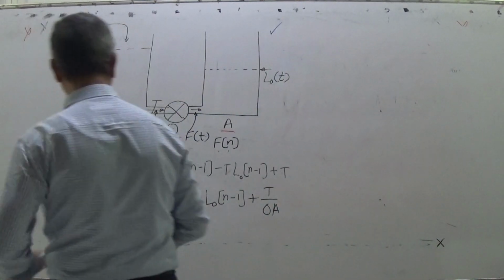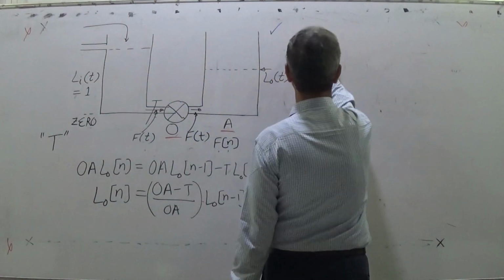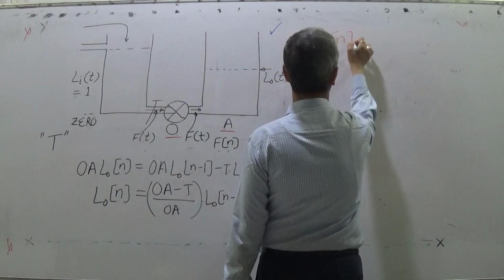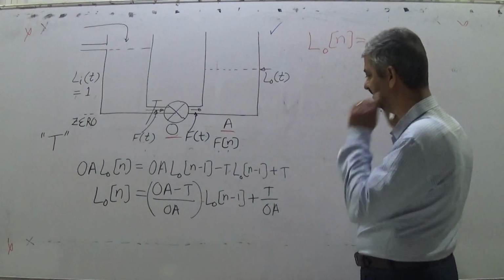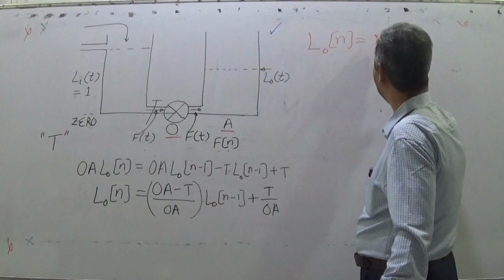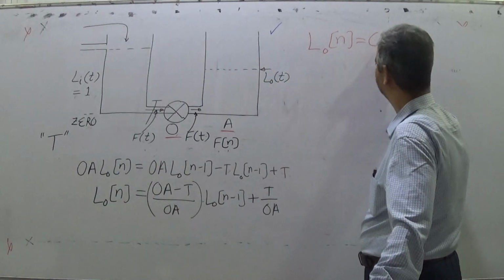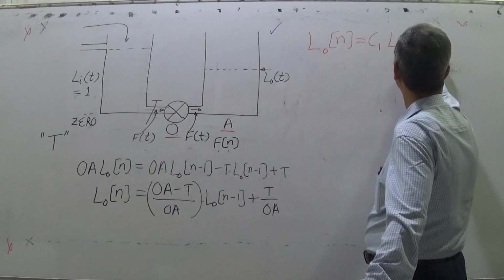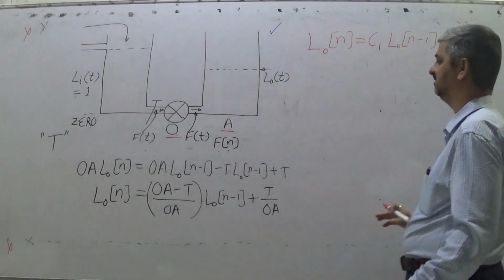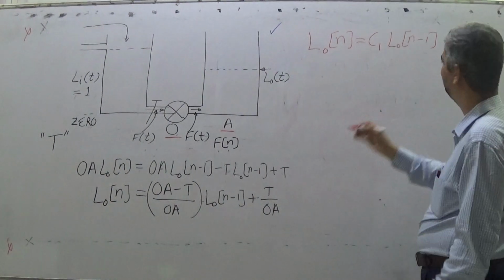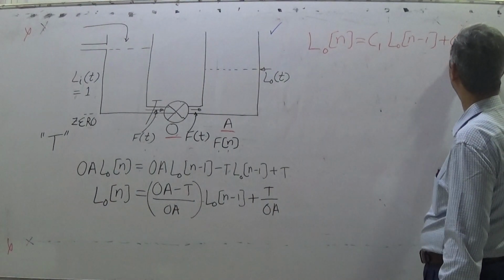So I write the final answer as LON is equal to OA minus T upon OA, that I will call as C1, LON minus 1, that I will call as C1, into LON minus 1 plus C2.